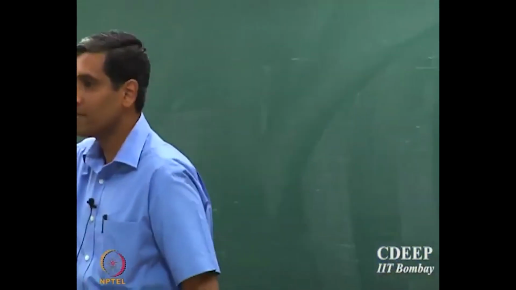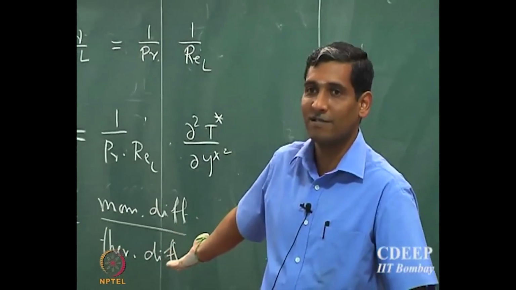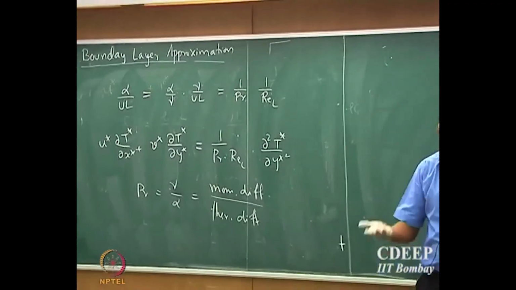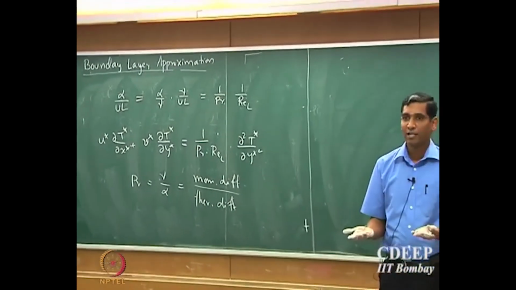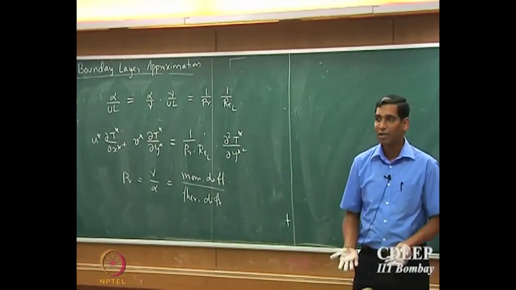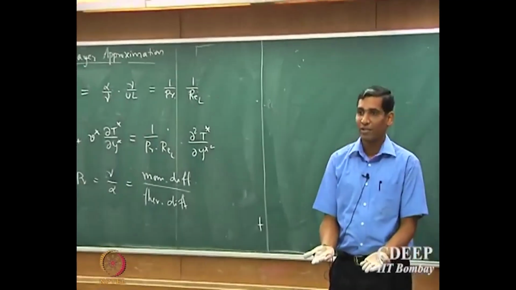Can we guess from here? Yes or no? Should be, because the energy balance and mass balance, they have similar structure. Remember in last lecture I told you that these three balances actually have very similar structure. So, if you know one, you should be able to guess what the other one is.